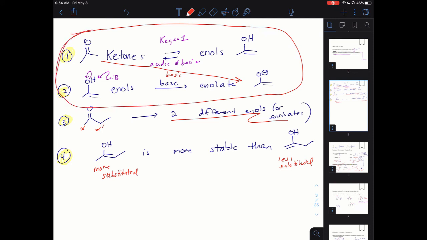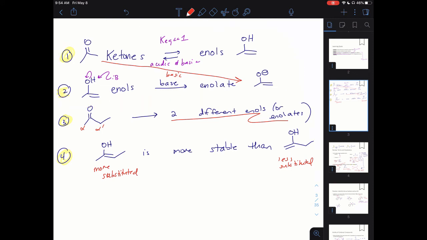And if you just treat them with a base, you can make the enolate. And enolates and enols, they do stuff. They're nucleophiles or they're basic, like they do stuff. So we're going to get into some more interesting stuff now that you've reviewed.